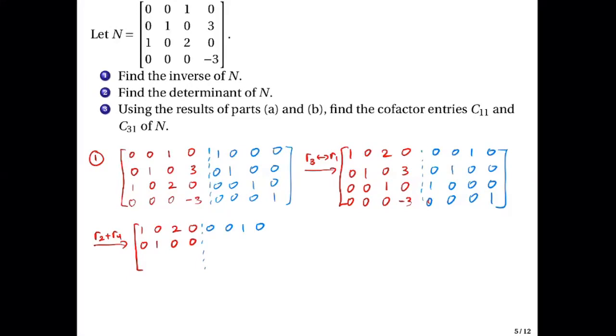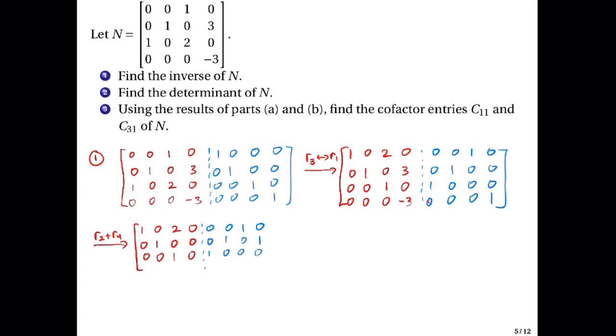Then in here, 0 plus 0 is 0, 1 plus 0 is 1, 0 plus 0 is 0, 0 plus 1 becomes 1. Then row 3 we'll just copy: 0, 0, 1, 0, 1, 0, 0, 0.